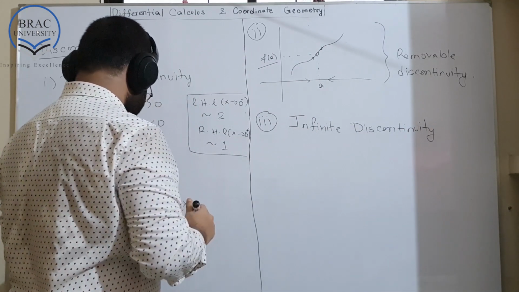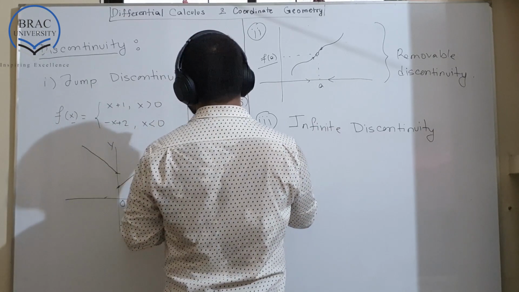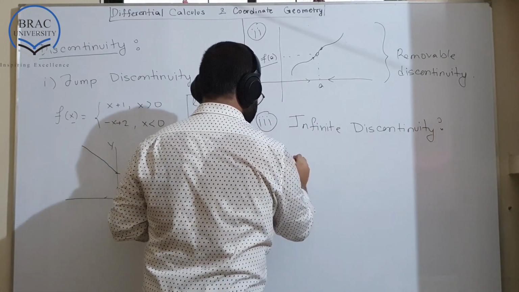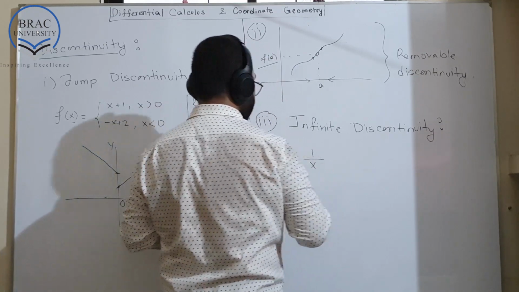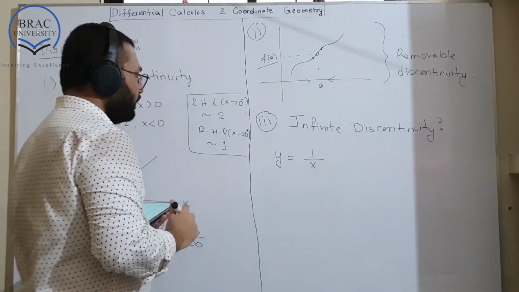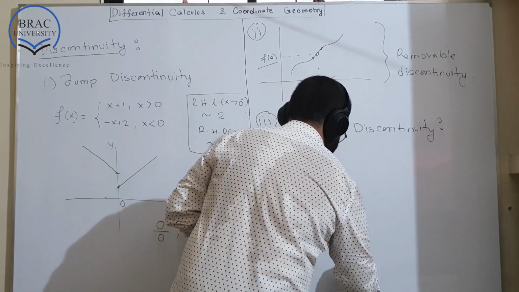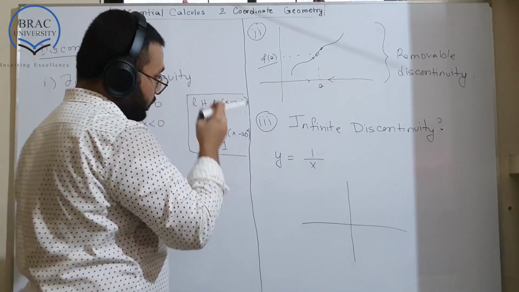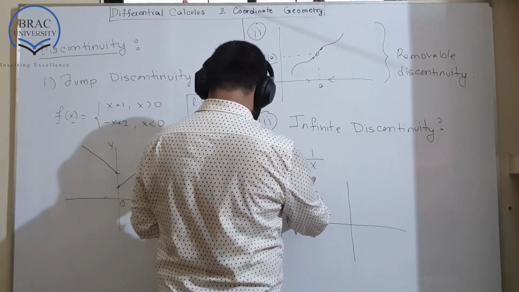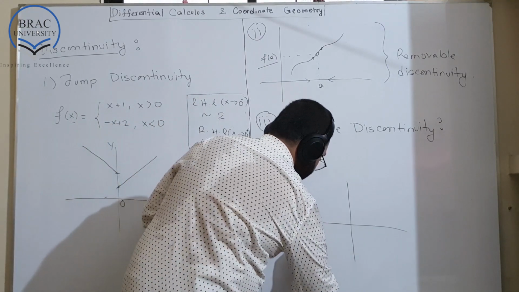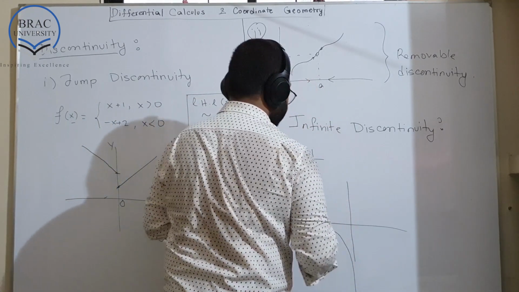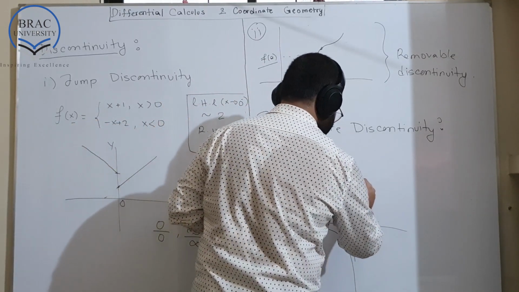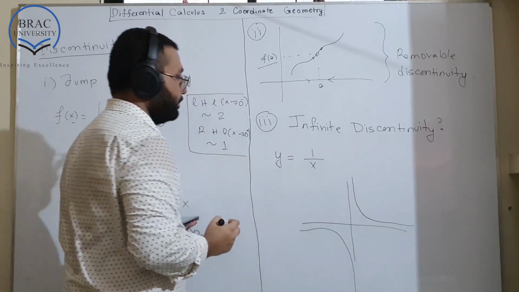What is this? I'm guessing you're familiar with this function, 1 over x. What is the graph of this function? When we pick negative values, the graph is something like this. When we pick positive values, it's something like this.